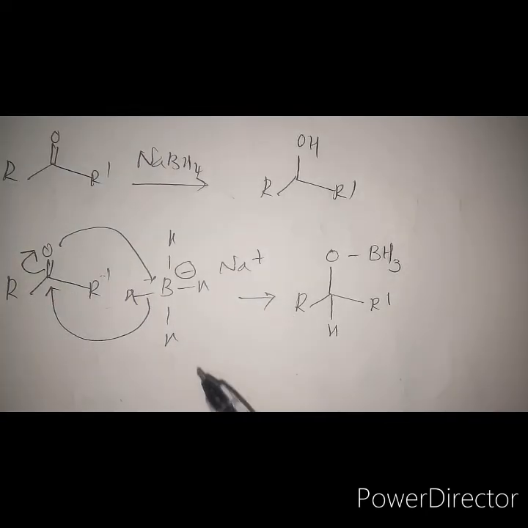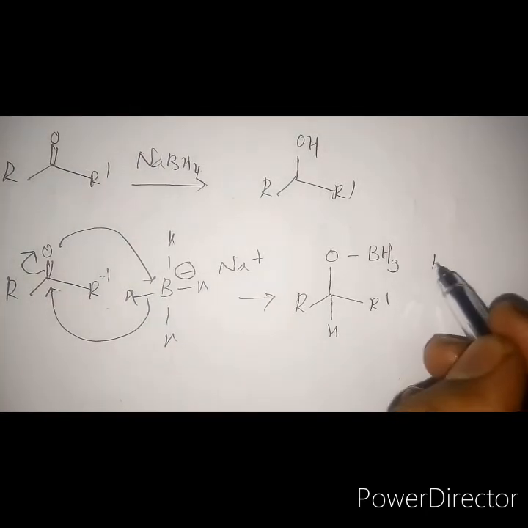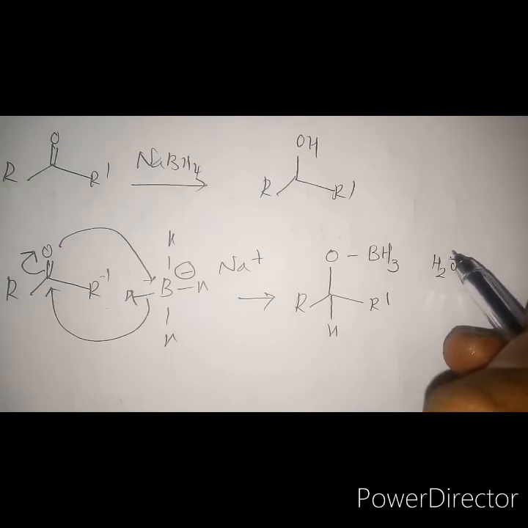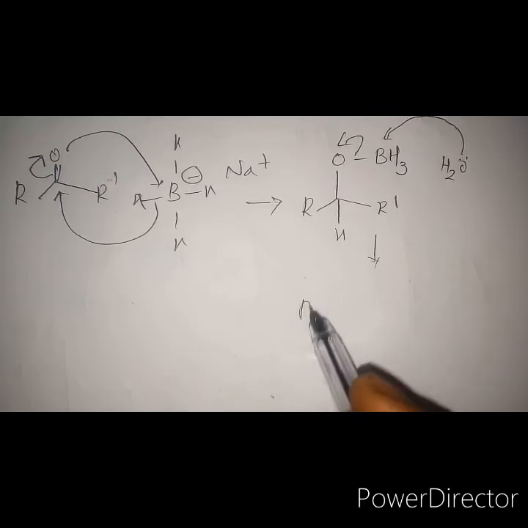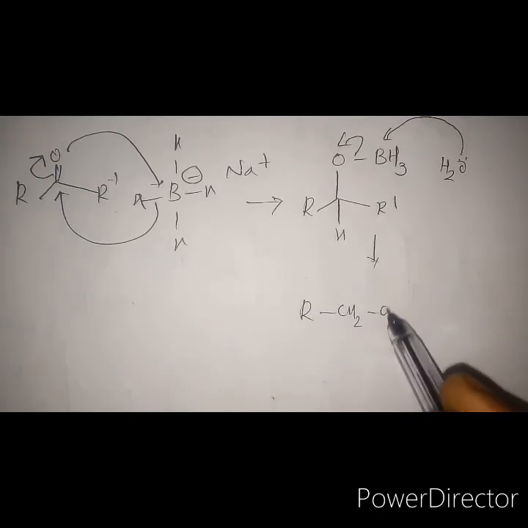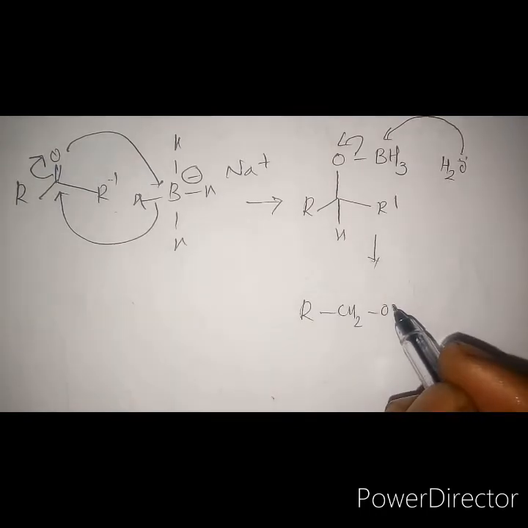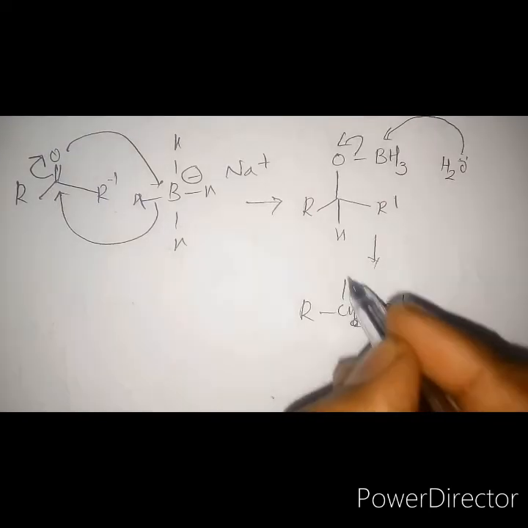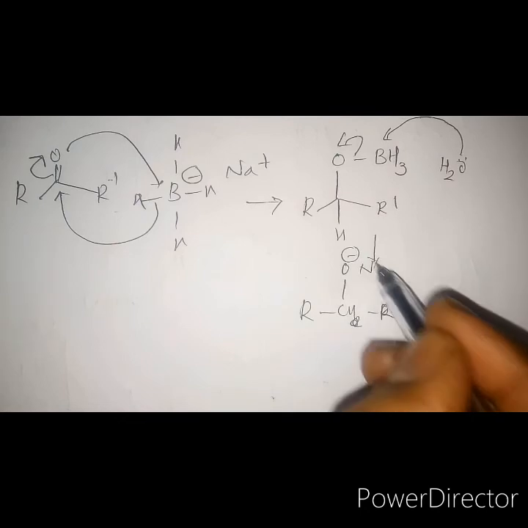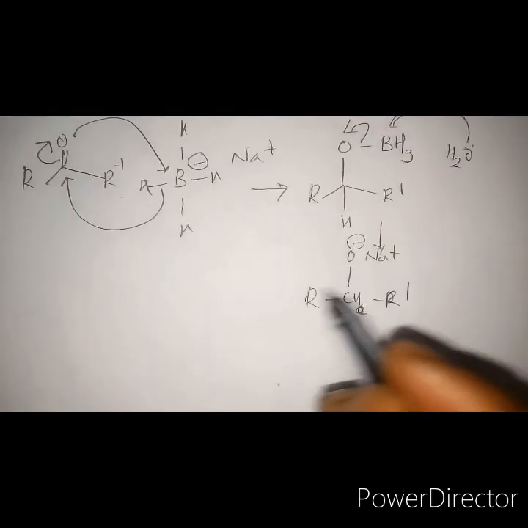Okay, this is R dash. Now the water molecule attacks on the boron, so this O minus will eliminate, and we get R CH R dash O minus sodium plus.